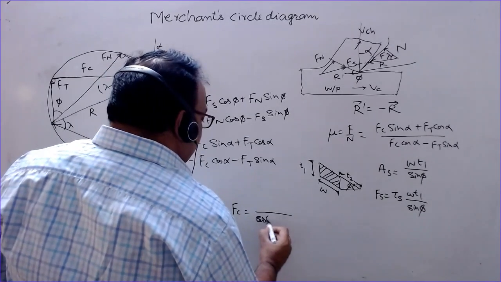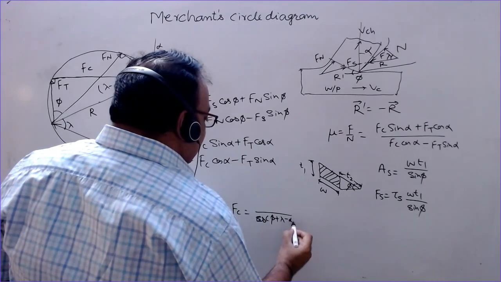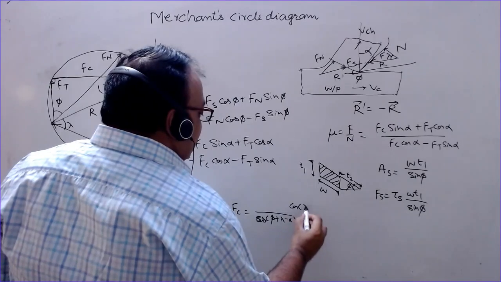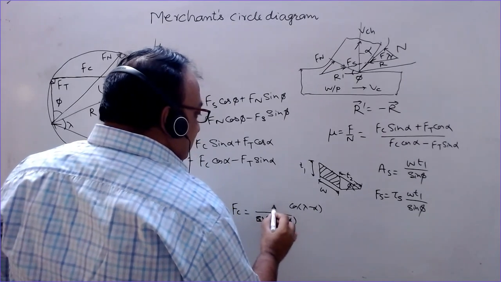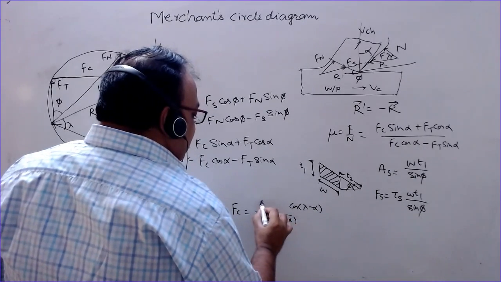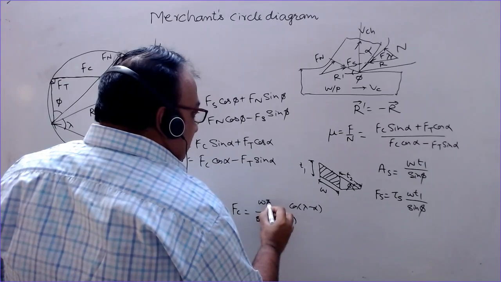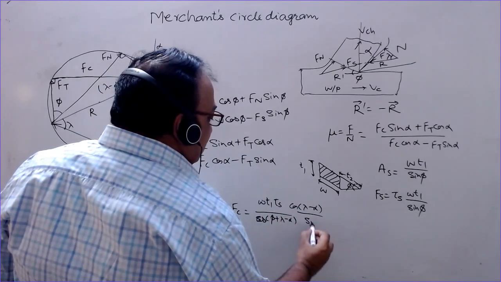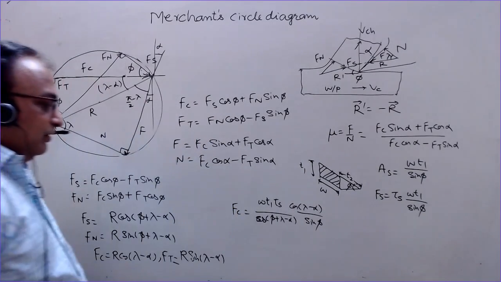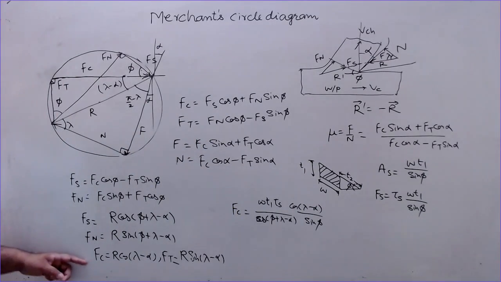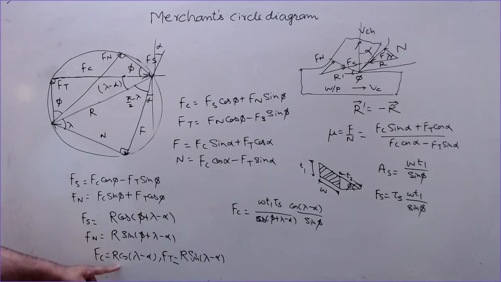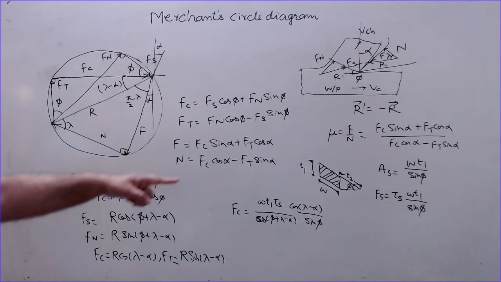Cos phi plus lambda minus alpha into Fs. Fs is W T1 tau s divided by sin phi. So I have used these two relations, and put the value of R from here, Fs divided by this in this, and Fs I have put from there.